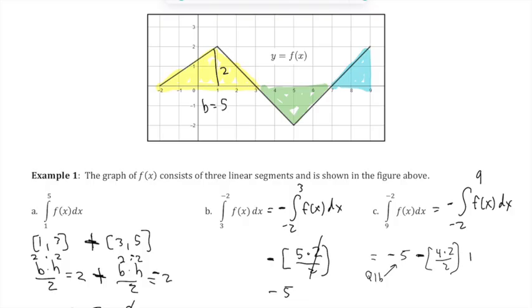And then finally, I'm going to add the area here because that is above the curve. My base is going to be 2. My height is 2. And so my final answer is going to be negative 5 minus 4 plus 2, which is just going to give me negative 3.